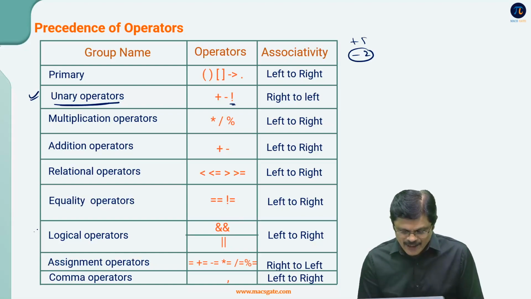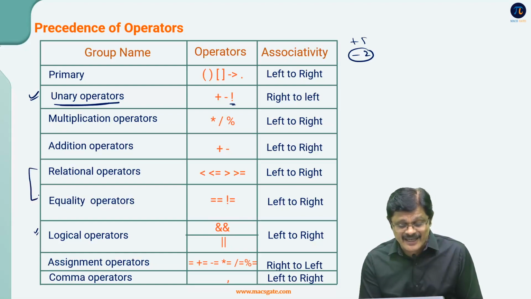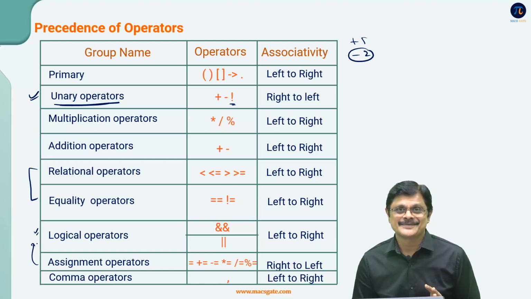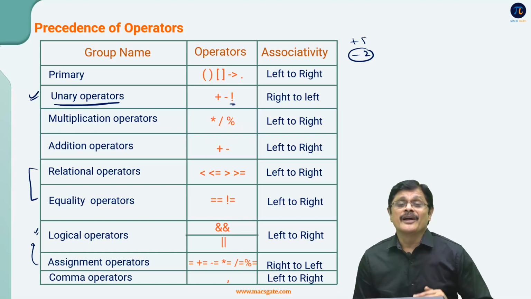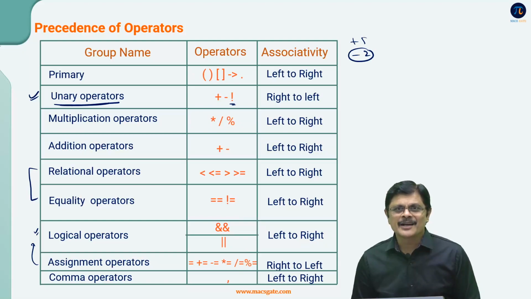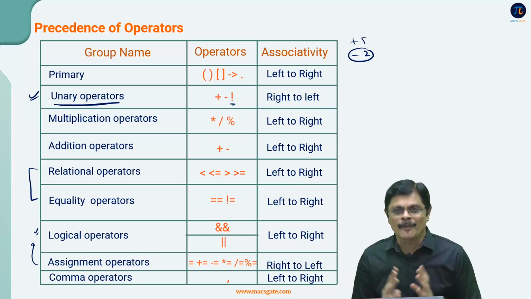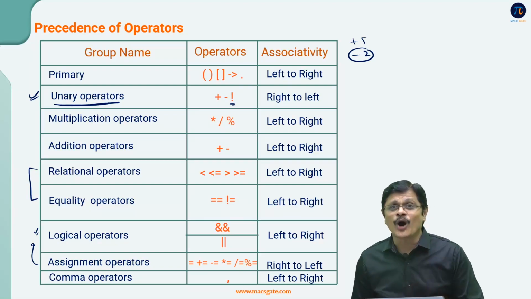And you see logical operators precedence is less than relational operators and it is more than assignment operator. So, the position of logical operators is below relational operators and above assignment operators. Do not worry, sir, we have not completed all the operators. After completing all the operators, I will give you a beautiful mnemonic to remember the order of precedence of operators.